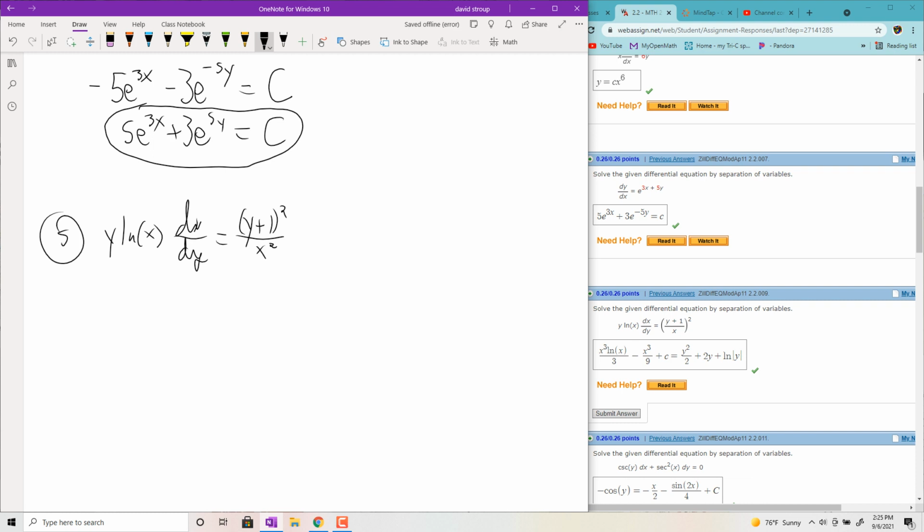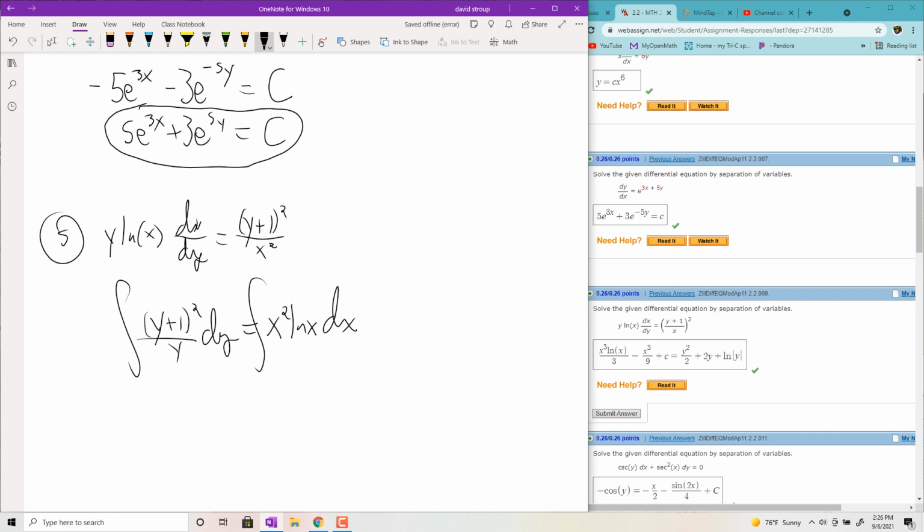And again, you got to move all your y stuff to one side, all your x stuff to the other. So anyways, looks like I'm getting (y plus 1) squared all over y times dy equals, on the other side, x squared ln x dx. Then you got to integrate both sides.